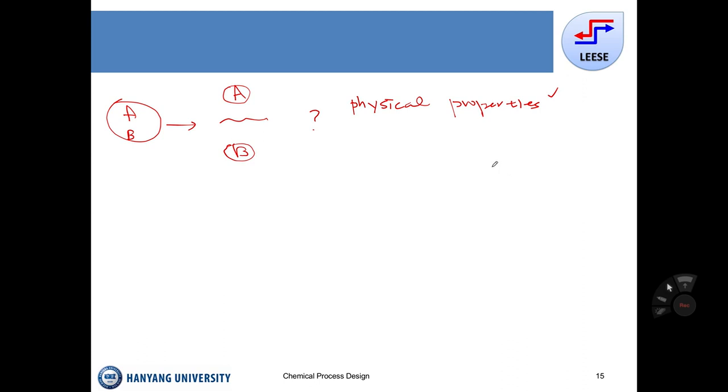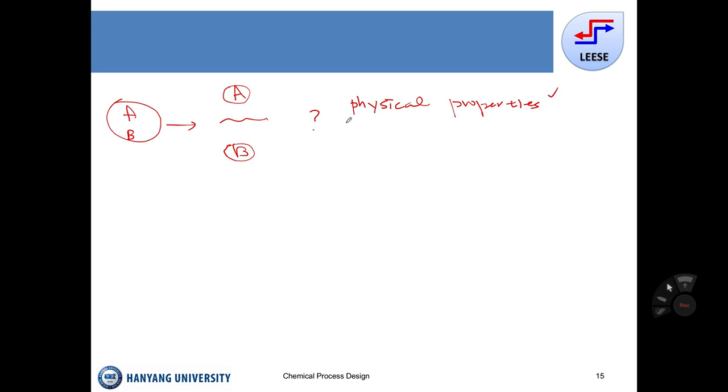So we have A and B, and we need to separate them. How can you separate them? As I explained in lecture 3, we need to check the physical properties.